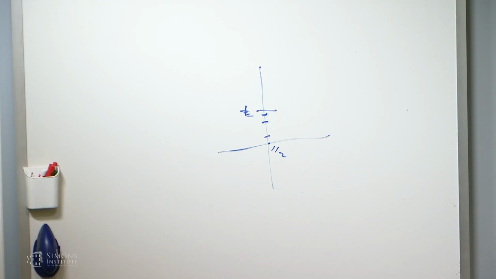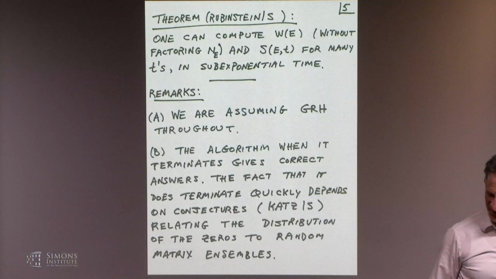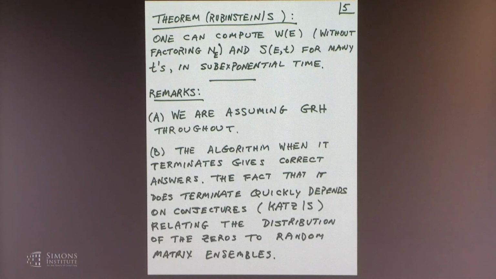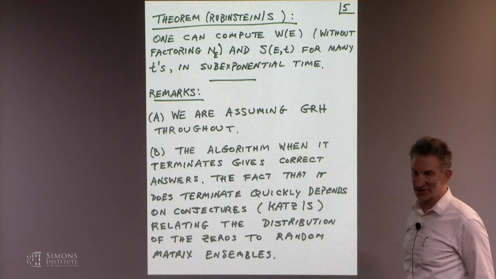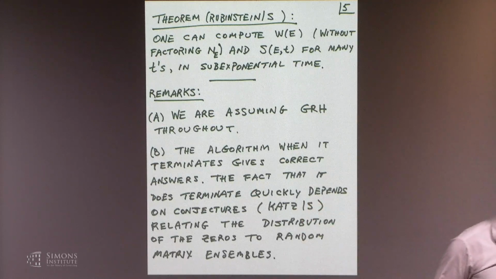All right, so that's our main theorem. I'll explain it a little bit. We're assuming GRH throughout, so algorithms work, so that's not an issue. Riemann is true. You don't need to worry about that in this world. I'm assuming other conjectures along the way because I'm going to bring in random matrix theory in its strongest form.